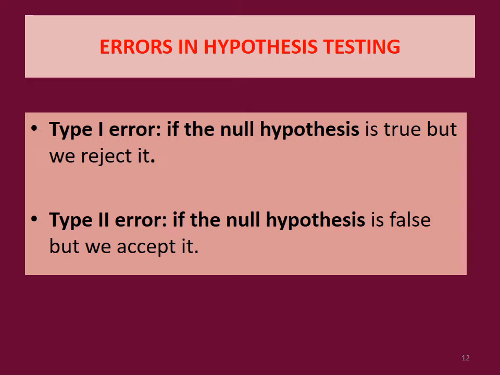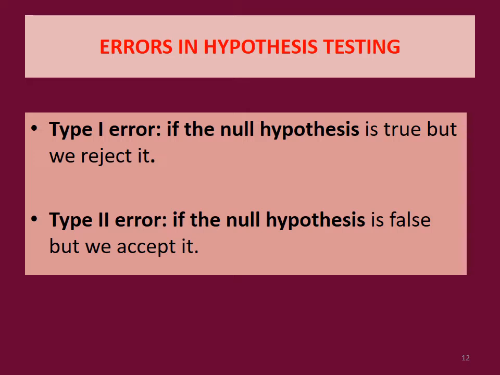Then what you need to understand here: type 1 error, reject it. Type 2 error, accept it. What is it? The null hypothesis. Type 1 error, reject the null hypothesis. Type 2 error, accept the null hypothesis.